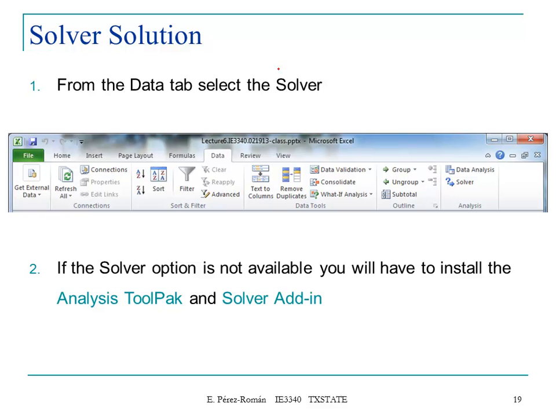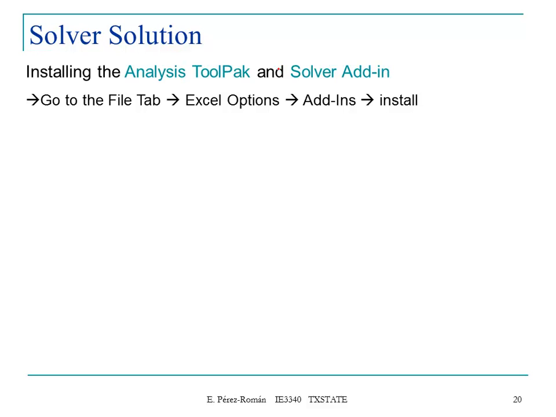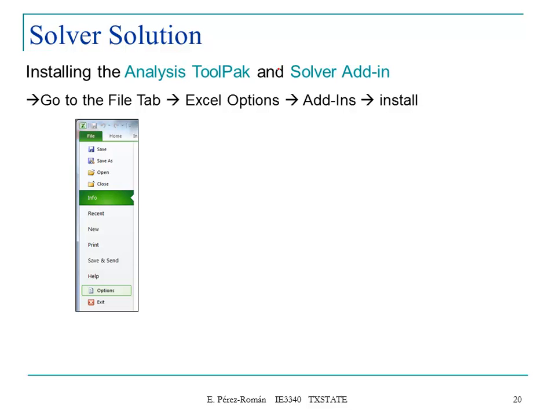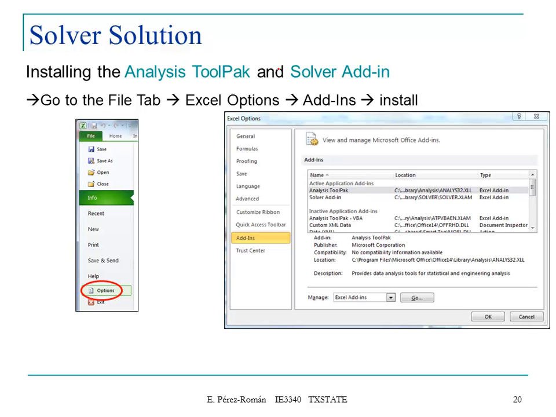The way you install that is you go to the File tab and click Options. Then from there, in this menu, you select Add-ins. The Add-ins option is going to show you this table. Right now, you see the Analysis Toolpack and the Solver add-in are already installed.